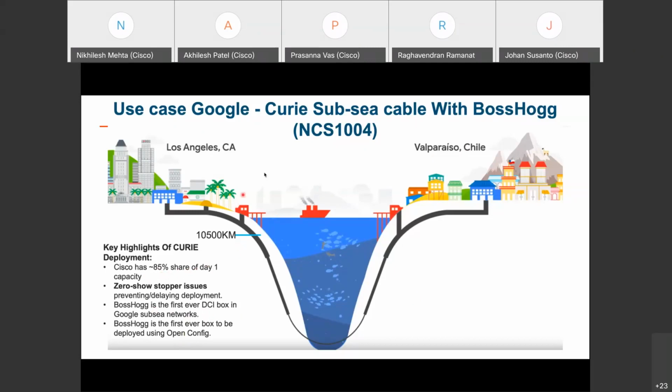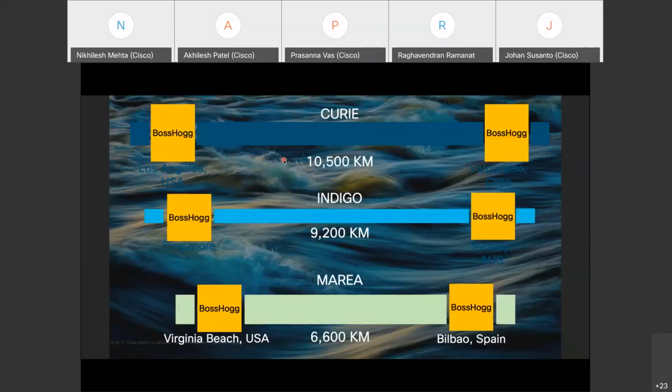And this is not the only use case in the subsea cable in the Google Curie, but we have some other cables as well, where Cisco, along with other vendors, have deployed NCS 1004.